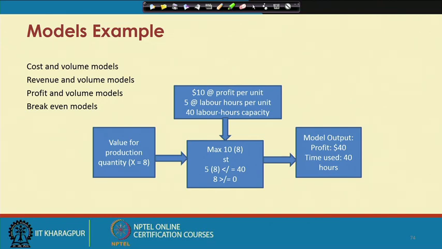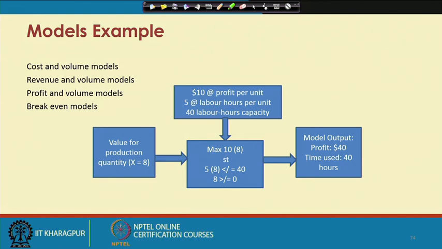So, the profit is fixed at 10, and the way you are linking 5 units, and the particular structure about the product, then finally your profit outcome will be 40, and the labor used will be 40.